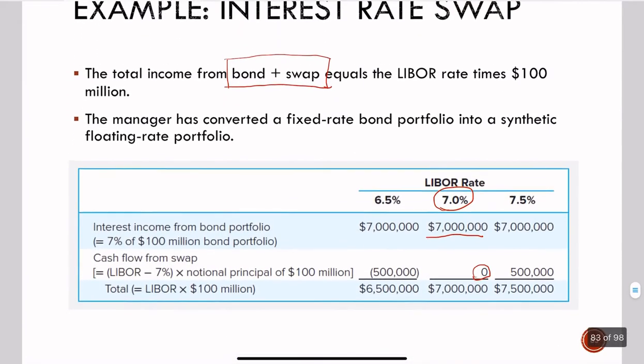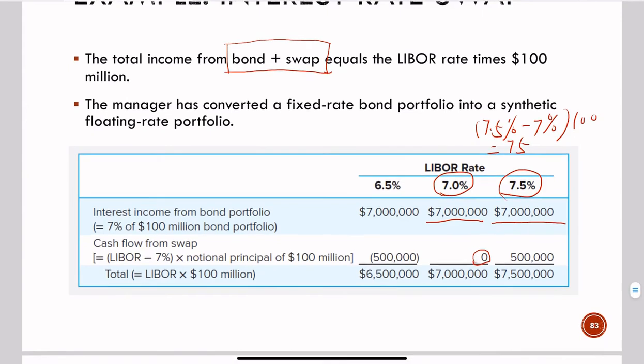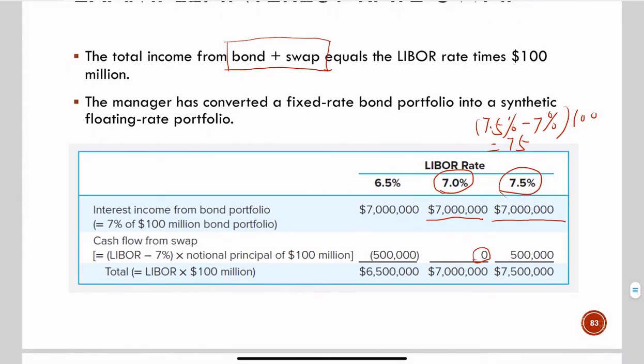So if it's 7.5, then this is the interest income from your bond portfolio, and then the net cash flow from your agreement would be the difference, right? That is 7.5% minus 7% times $100 million. So this gives you, I guess it's $7.5 million.